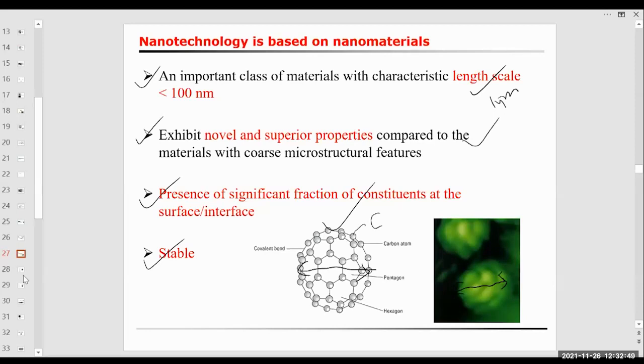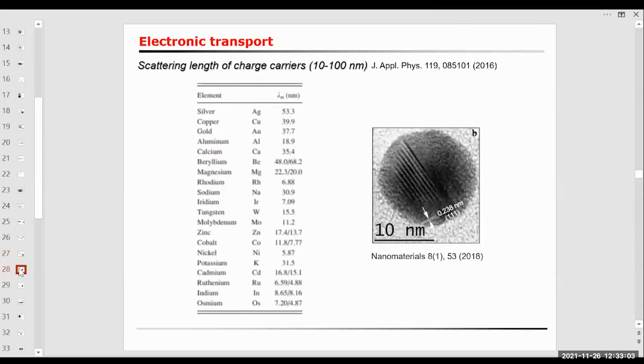And if you want some exotic electrical properties, what is the design parameter? The scattering length of electrons, which we have known for quite some time. I'll show you in the next slide. The scattering length of charge carriers basically falls in the 10 to 100 nanometer range. For reference, you can access this paper and study the scattering length of charge carriers elaborately.